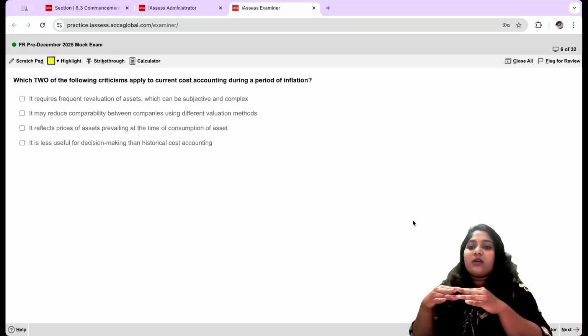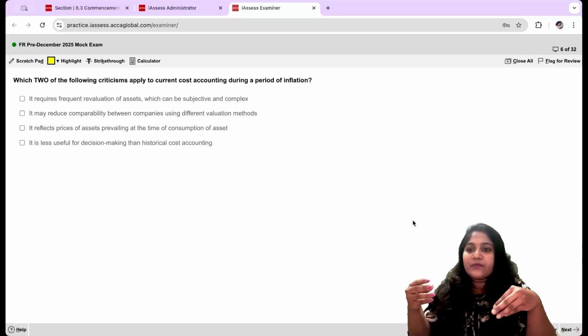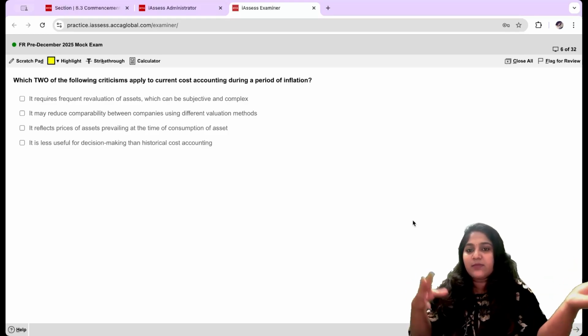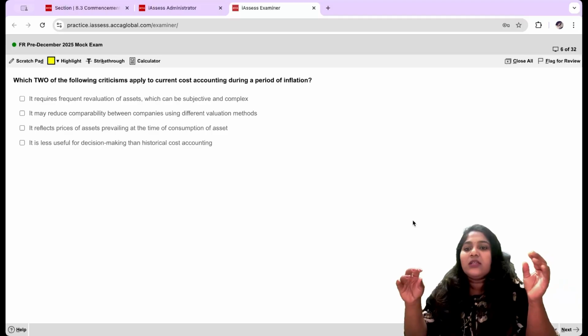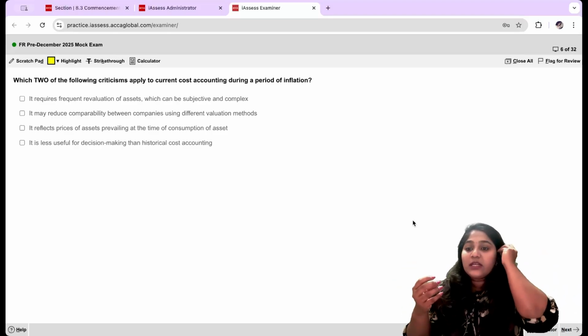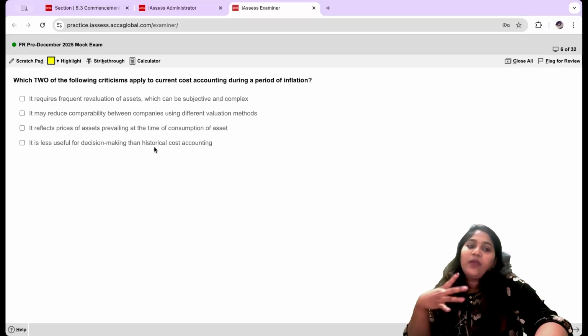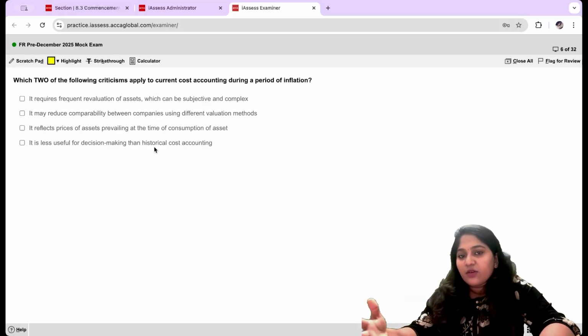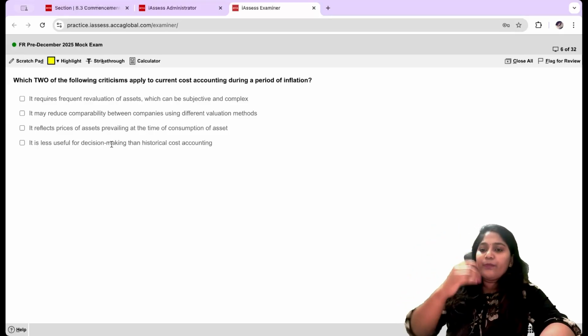Now move to the theoretical question. Which two of the following criticisms apply to current cost accounting during a period of inflation? So it's about criticism, that means it should be something wrong, a disadvantage of current cost accounting. I'll go from the least.